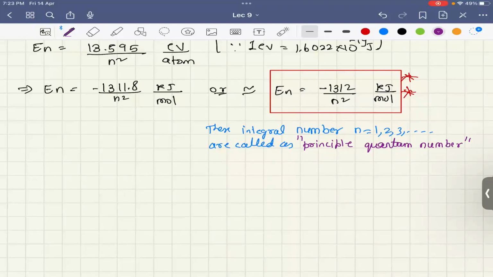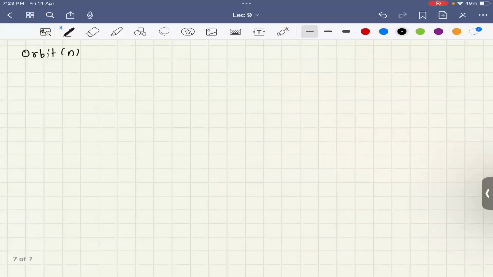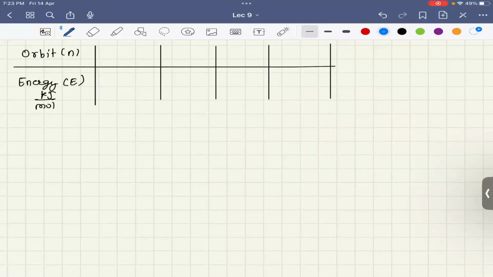Let us draw the diagram. When we put n equal to 1, 2, and 3, we get E1, E2, E3. Let me plot it. Here we have n value, and here we have energy in kilojoule per mole. This is n equal to 1, 2, 3, 4, and the expression is minus 1311.8 divided by n² kilojoule per mole.